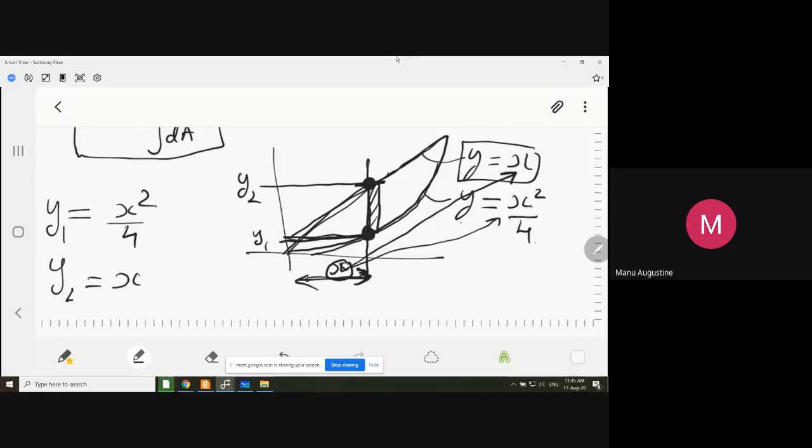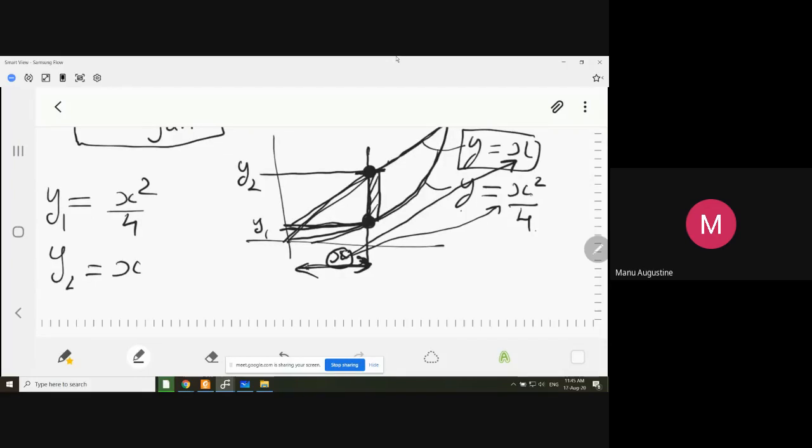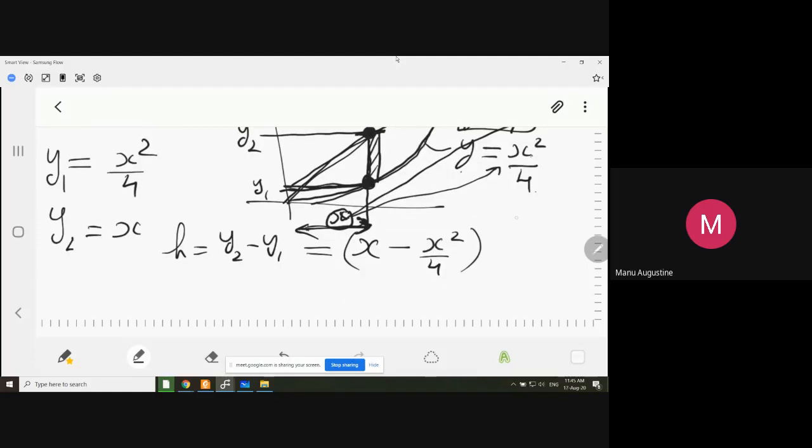And what is the height? The height is given as the difference of y2 and y1. So it is x minus x squared by 4. This is the height. Now once the height is obtained, this is the rectangular piece that we have selected. The height you have obtained as x minus x squared by 4.